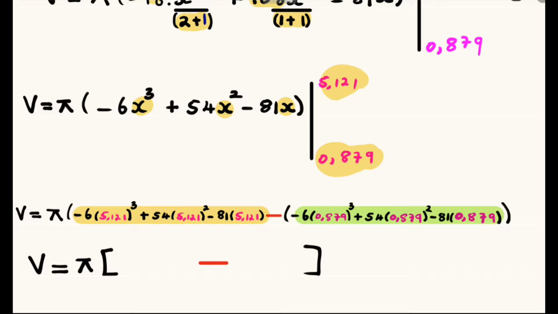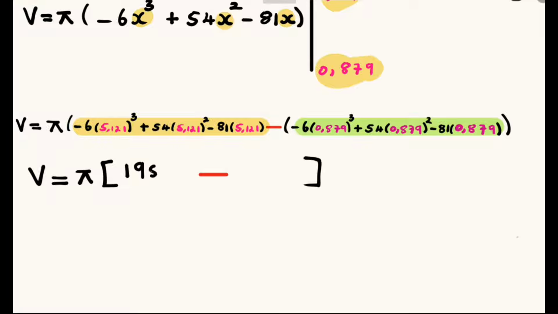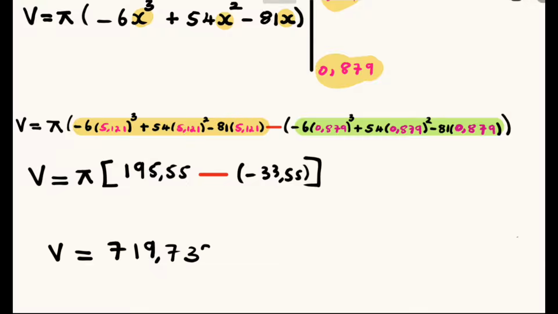So the part with 5,121 is equal 195,55, and the part where we substituted 0.879 is equal negative 33,55, and our V will be equal 719,739 unit cube, and this will be our answer.